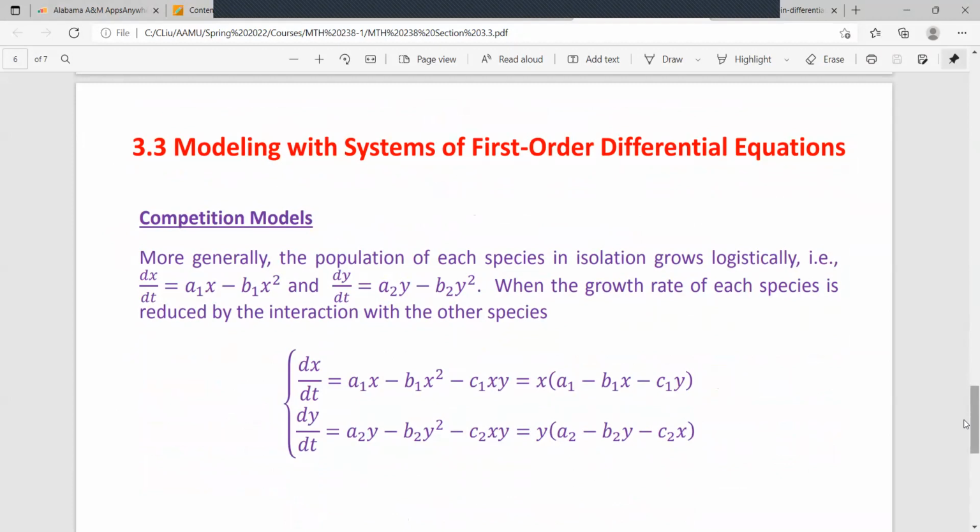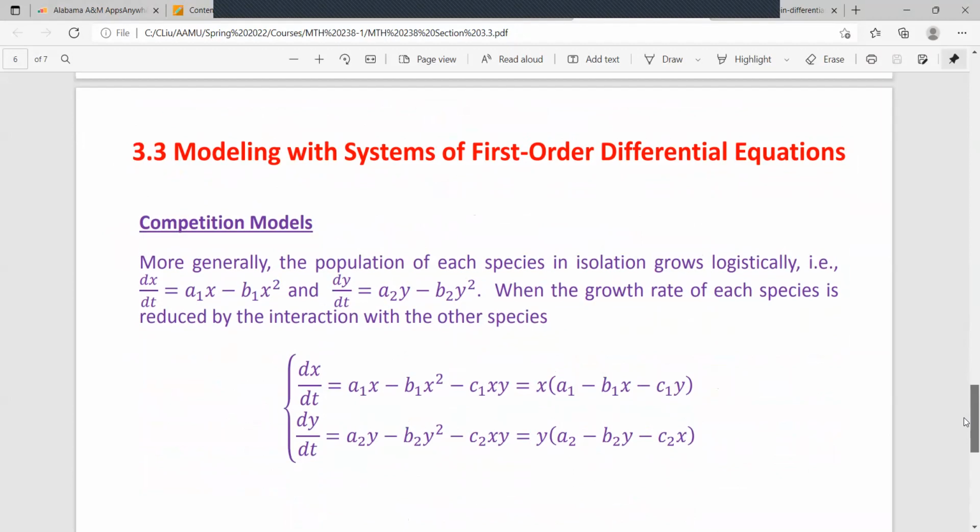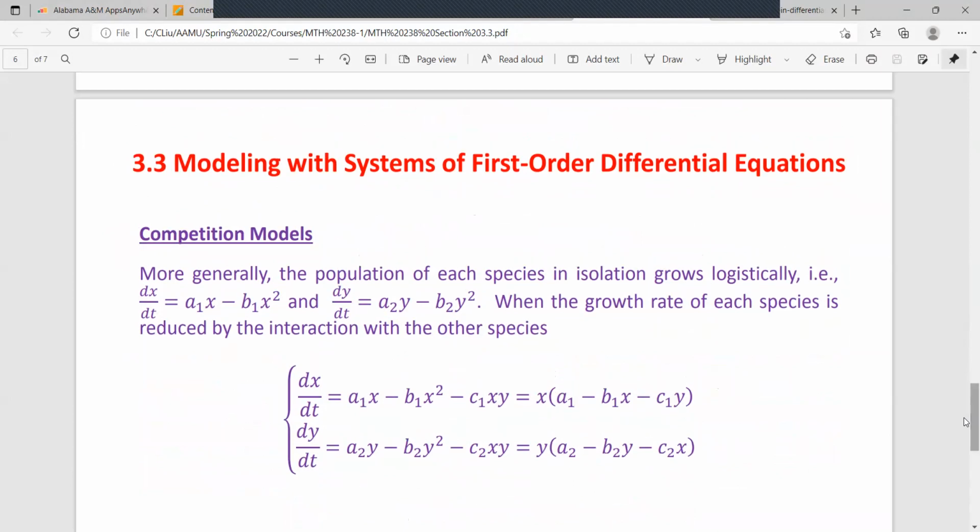So you can see when you try to solve a real-world problem, the situation needs to be considered carefully, and you need to modify the model little by little to describe the natural phenomenon more accurately. Any questions at this point about these competition models?